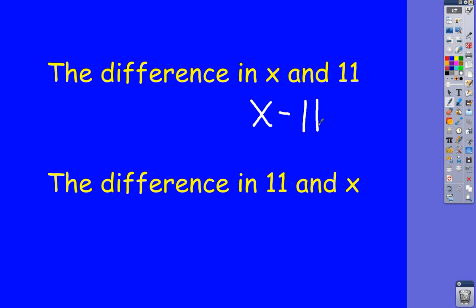And then the other example, the difference in 11 and x means 11 minus x. These two problems are not the same. Now, unless x equals 11, I'm going to get a different answer for these two math problems. So in subtraction, order does matter. You must keep it in the correct order.